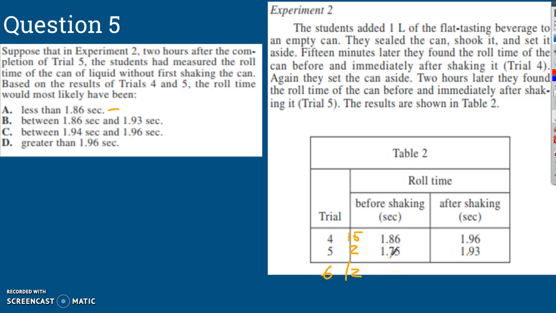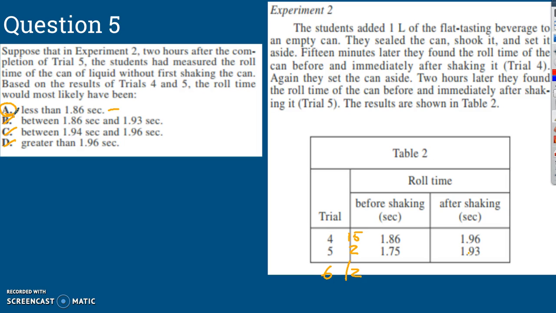We're probably not bigger than 1.86, especially not between 1.86 and 1.93. Probably not going to be between 1.94 and 1.96. Definitely not going to be greater. I'm going to say that A is probably our best answer.